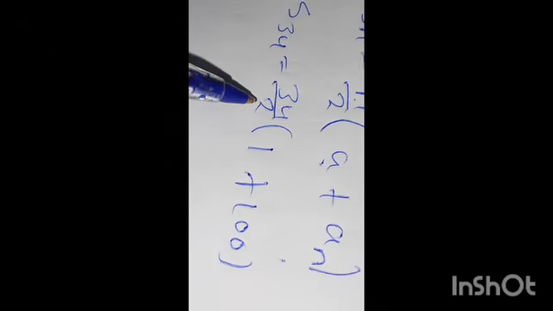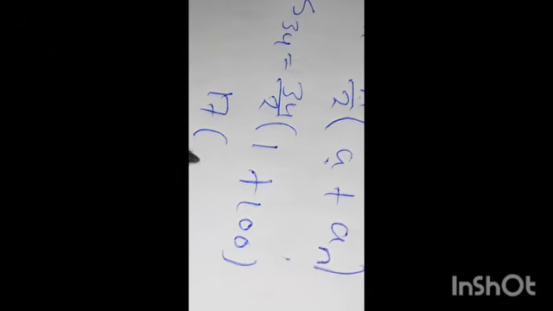So 34 divided by 2 gives 17, times 101, which gives 1717. So this is our sum here. Now let's quickly move on to question 6.